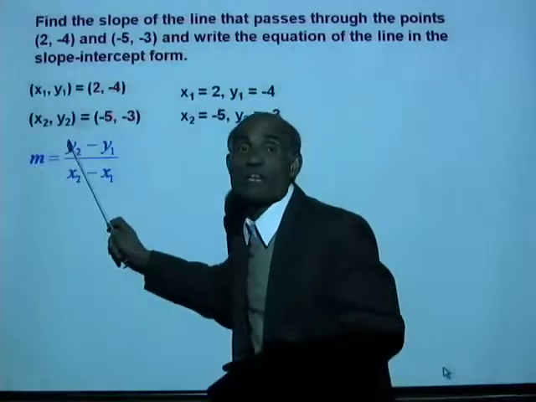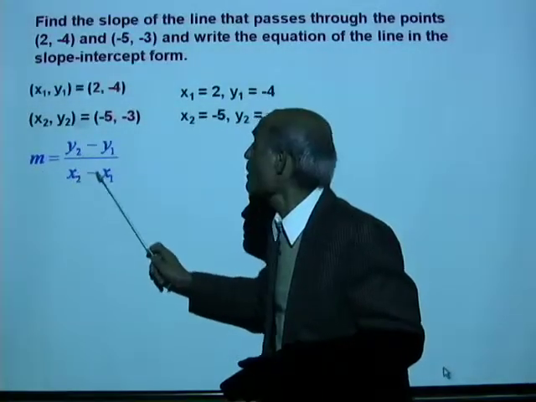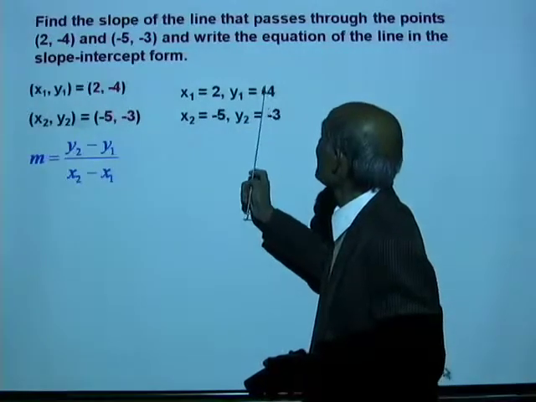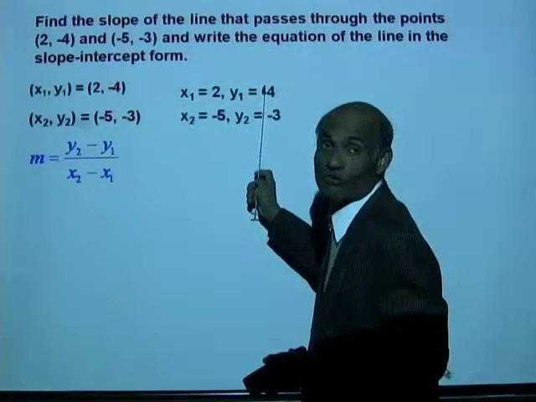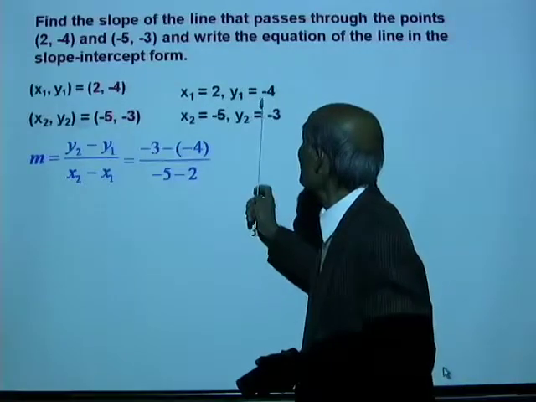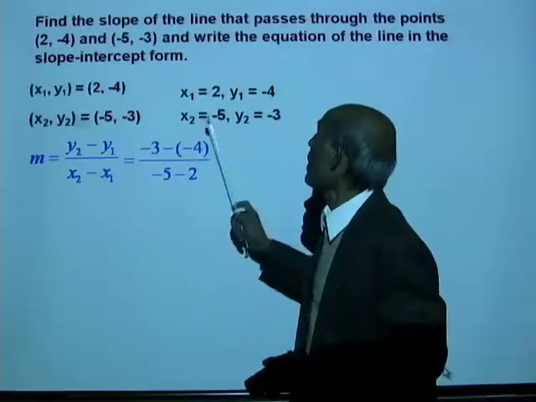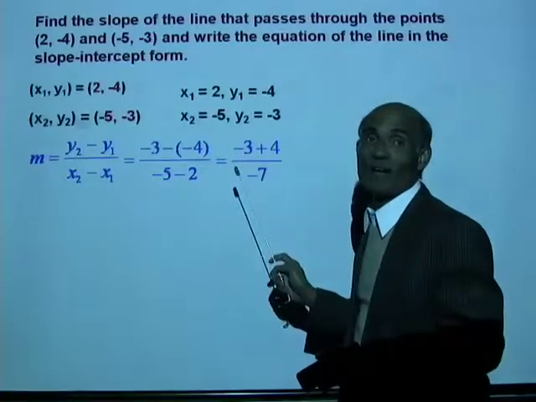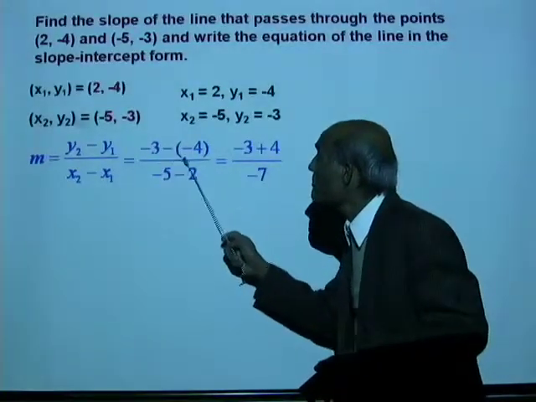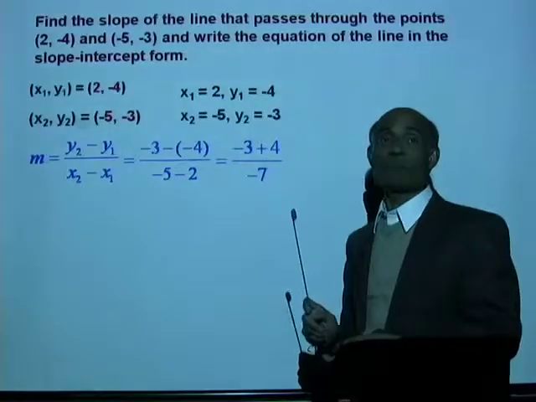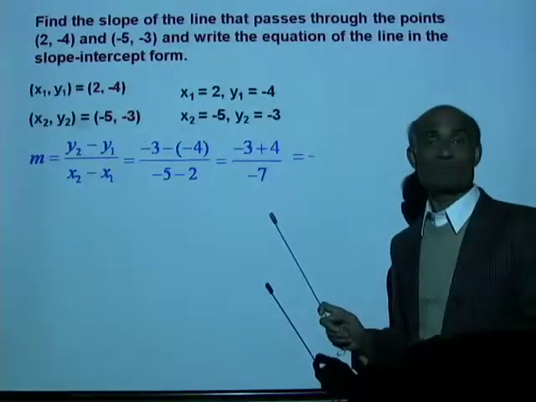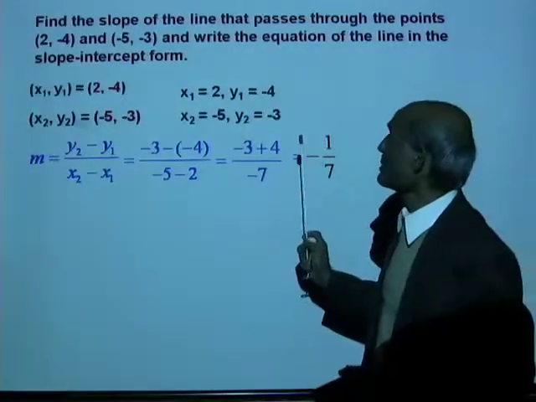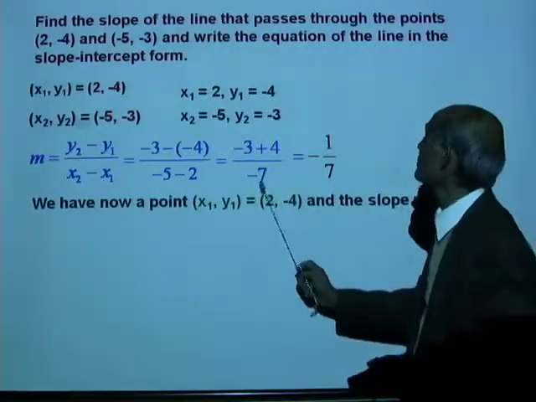Well, the slope is y2 minus y1 over x2 minus x1, which is -3 minus -4 over -5 minus 2. And that will be -3 plus 4 divided by -7. What's that equal to? That's -1 over 7. Alright, we got the slope as -1 over 7.